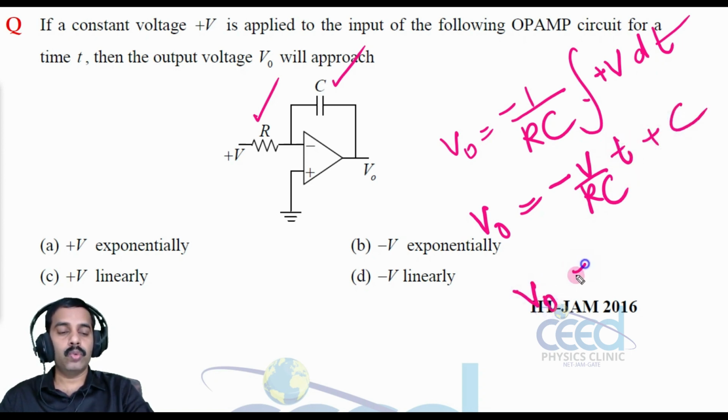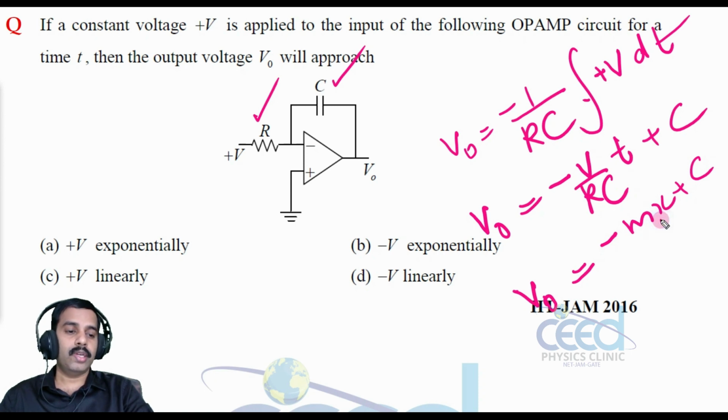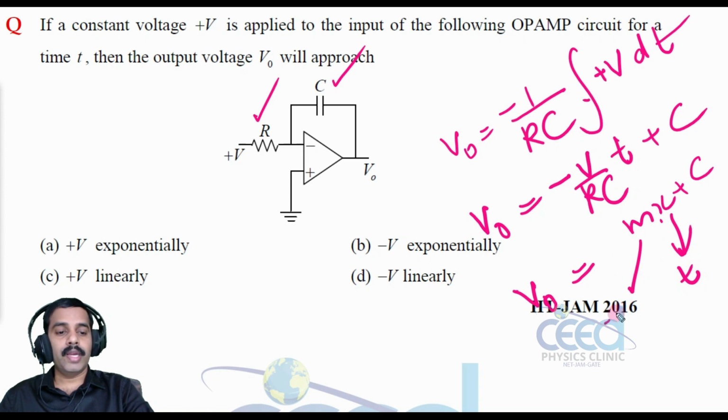V0 is in the format of mx plus C, where instead of x we have t, and the slope is minus V by RC.